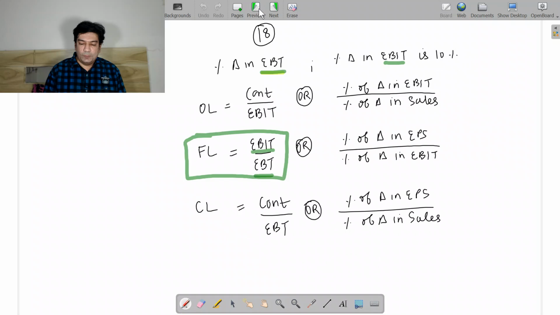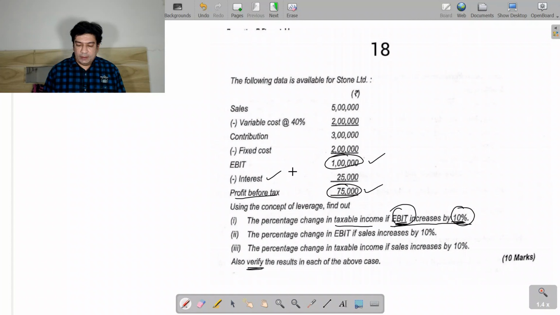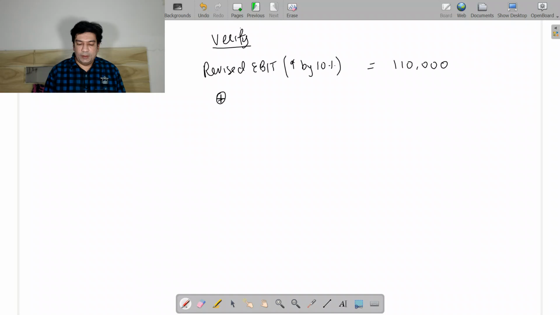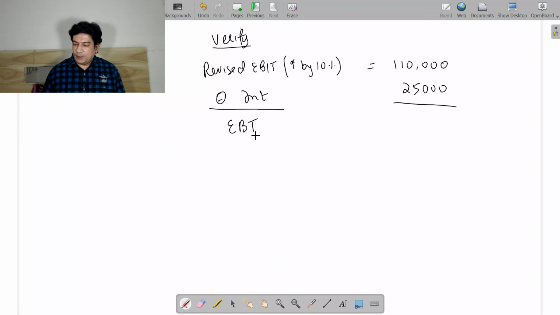Now the interest component is 25,000. So my EBT is 1 lakh 10 minus 25.